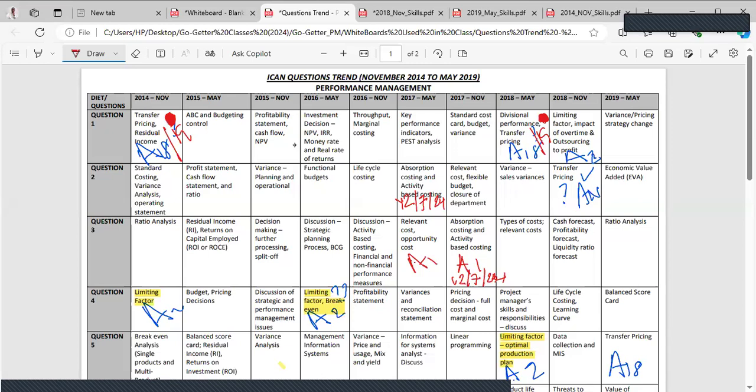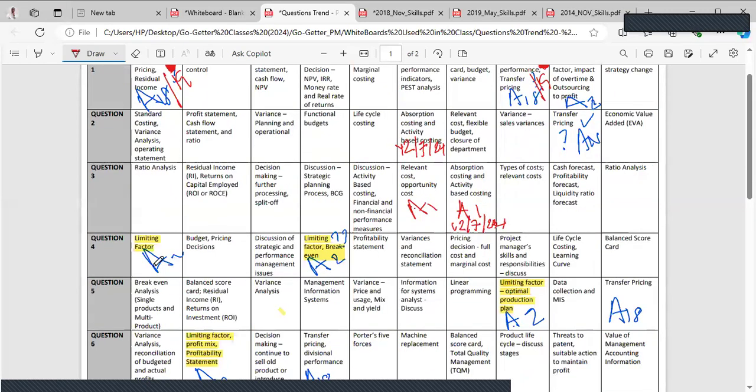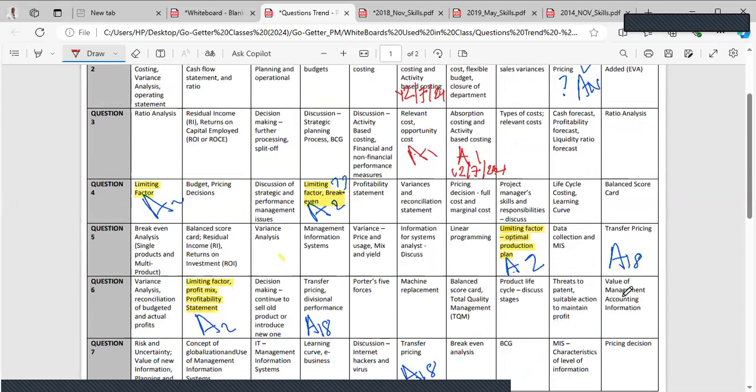Then which other question has divisional performance so that we'll identify it, because our next class will be on divisional performance. That's going to be our next class, so that when we do that divisional performance, we are going to solve those particular questions that are remaining.